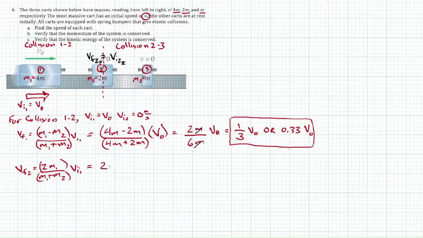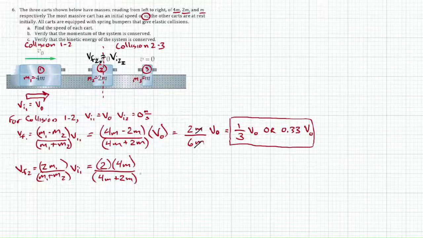That's going to be 2 times, what's the mass of m1? 4m, right? 2 times 4m over m1 plus m2. It's 4m plus 2m. All that times VO. We've substituted that in for our initial velocity of 1 right there, okay? Well, let's simplify this. We can do that. 2 times 4m, that would be 8m divided by 4m plus 2m.